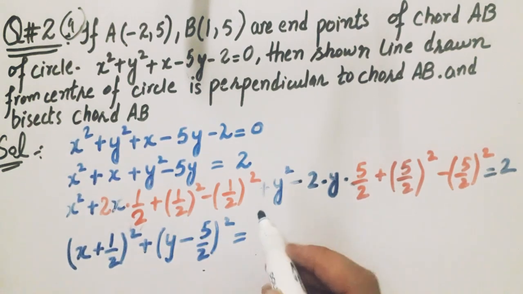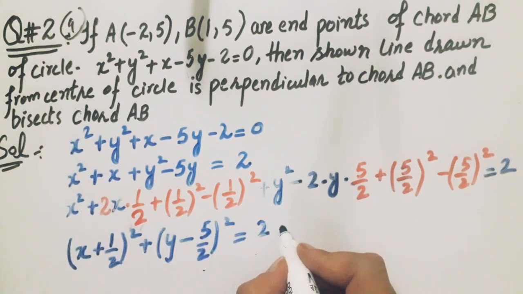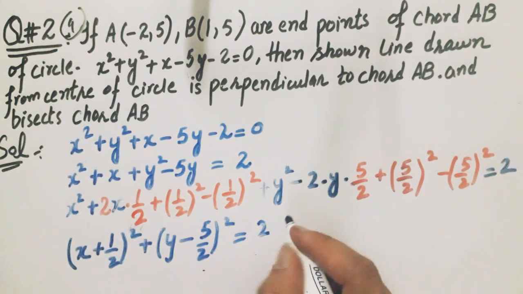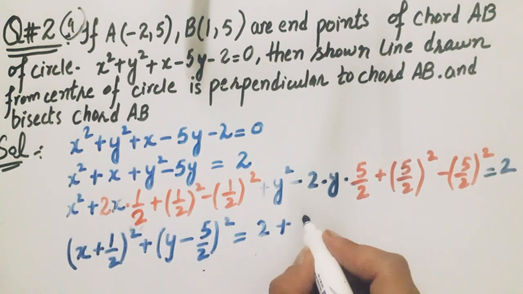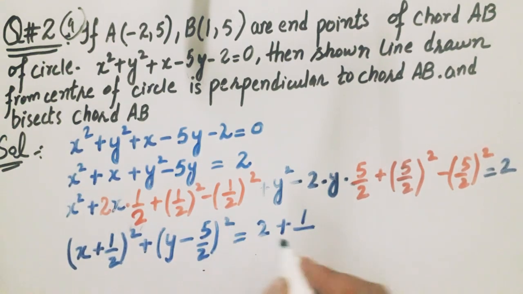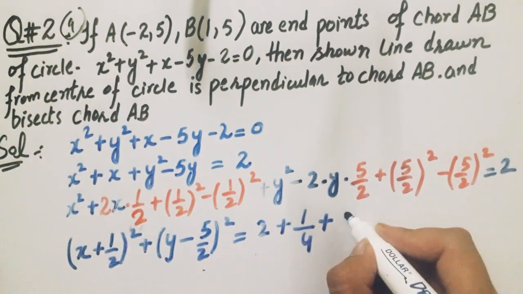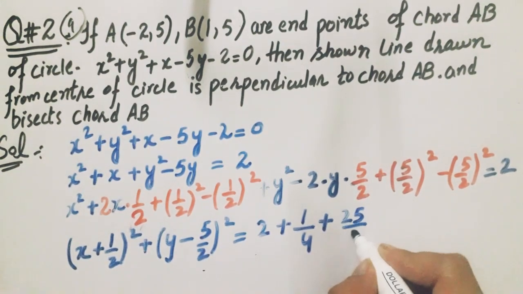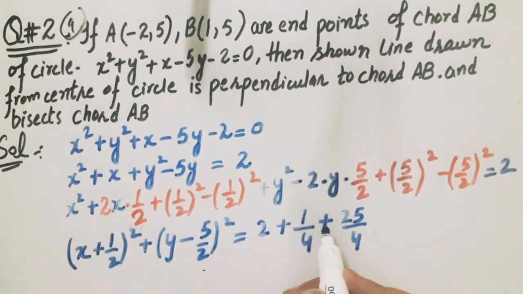this will be equal to the 2 and plus 1 by 2 square is 4 and plus 25 by 4, because these minus terms will be on the right hand side.